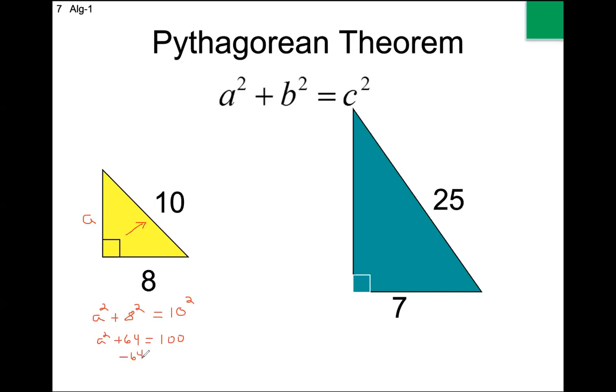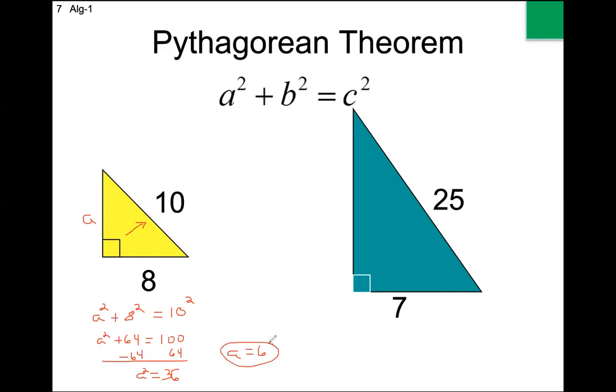And I believe we get what, 36? Yeah, we get 36. So A squared is equal to 36. And the square root of 36 is 6. So A is equal to 6.